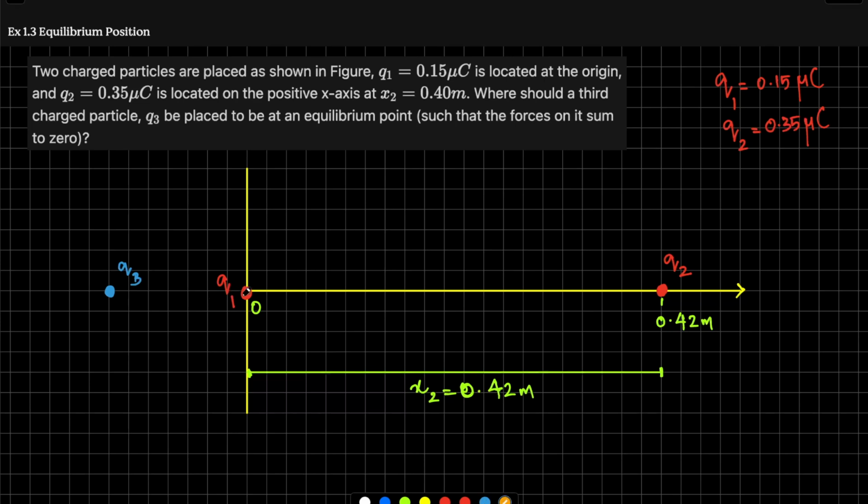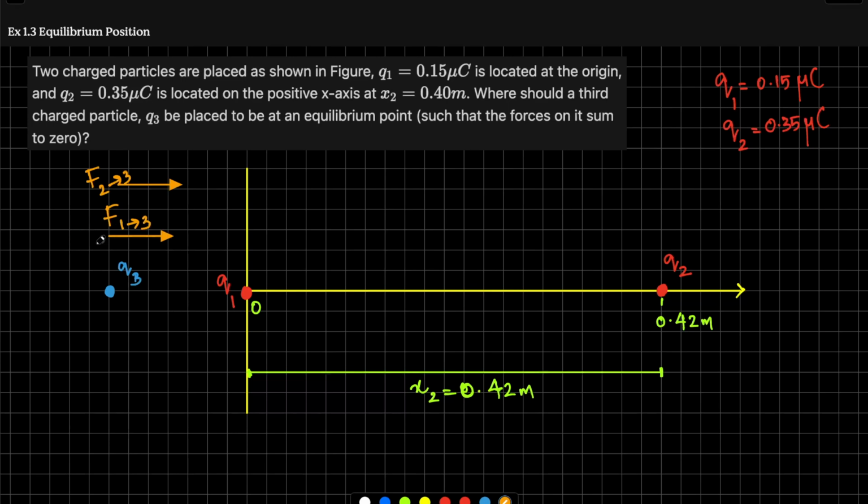Q1 being positively charged will try to pull Q3 towards its side, so the force by charge 1 on charge 3 is towards right. The next force will be from Q2. Q2 is positively charged, Q3 is negatively charged, so Q2 will try to pull Q3 towards its side. So this will be the direction of the force by charge 2 on charge 3. Again, they are in the same direction, so you can't cancel it out. So there is no equilibrium point on the left side either.